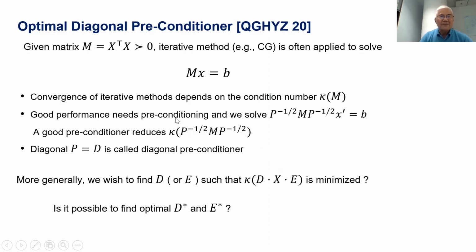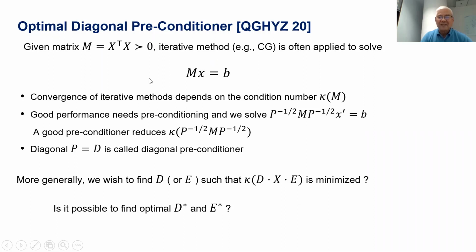I particularly want to emphasize this one: how to do optimal diagonal preconditioning. Typically for diagonal preconditioning, we have a positive definite matrix, for example from linear regression, X transpose X. We pretty much want to solve this system of linear equations.